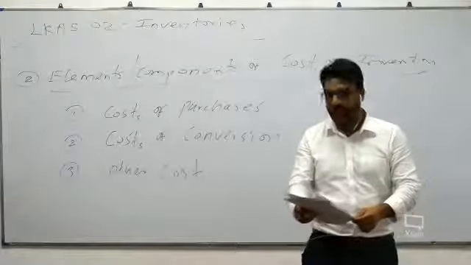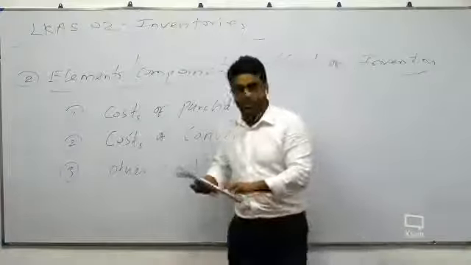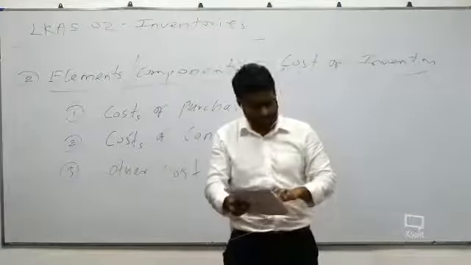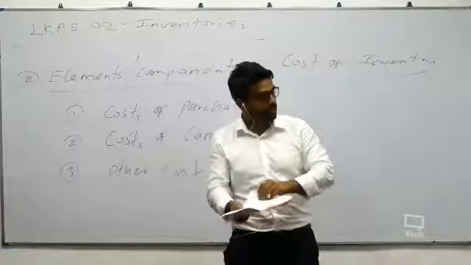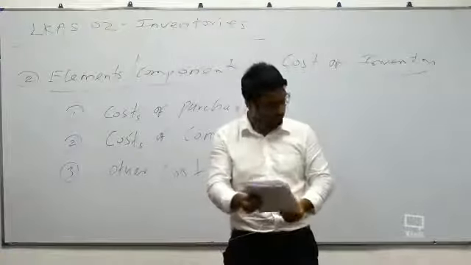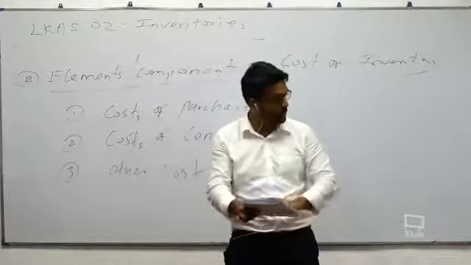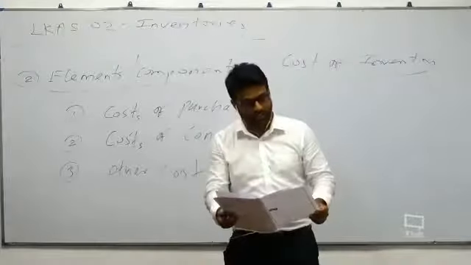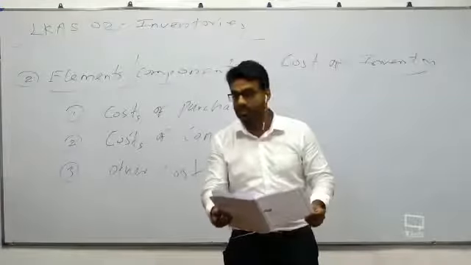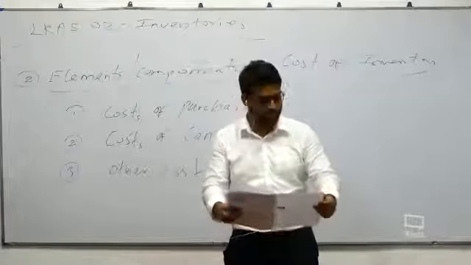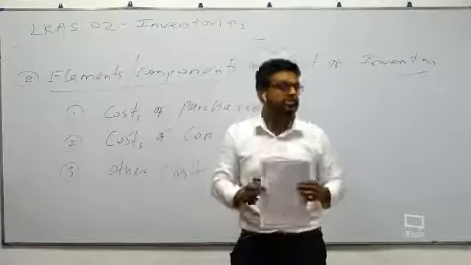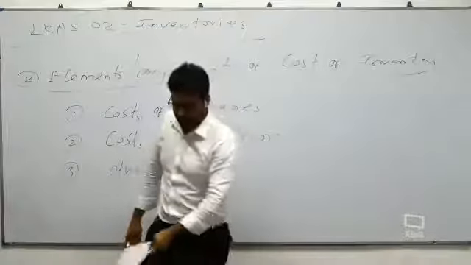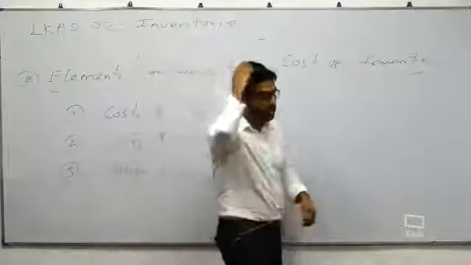Guys, question 9 is connected to inventory. Question 10 is connected to LKAS inventory. Then question 22 is connected to inventory. Question 46 as well. How many questions only from this standard in the 2019 paper, the last paper? 4.